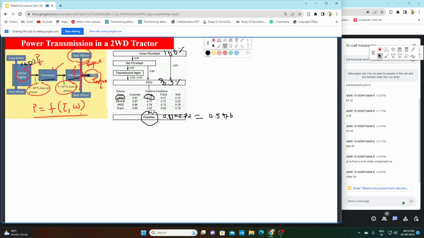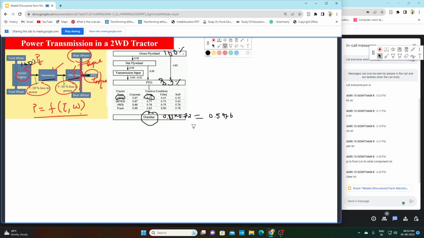That is why in questions, when we have been given brake horsepower, our PTO power we generally take as 80% of the brake horsepower. Actually the accurate value is 83%, but we take 80%. And whenever we are asked the drawbar power, we take 60%, where the actual value is 59.76%.